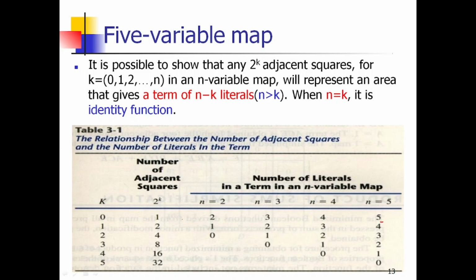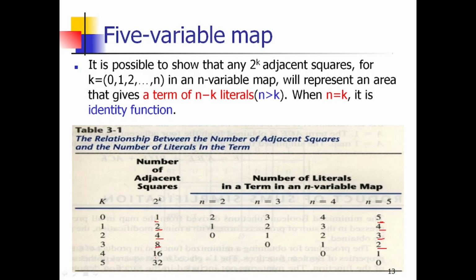So that is discussed here. If you have a single one, then the number of literals in that term will be 5. Then if we have a pair possibility, the number of literals will be 4. If we have a quad possibility in a 5 variable K map, the number of literals will be 3. If you have an octet possibility, the number of literals is 2.